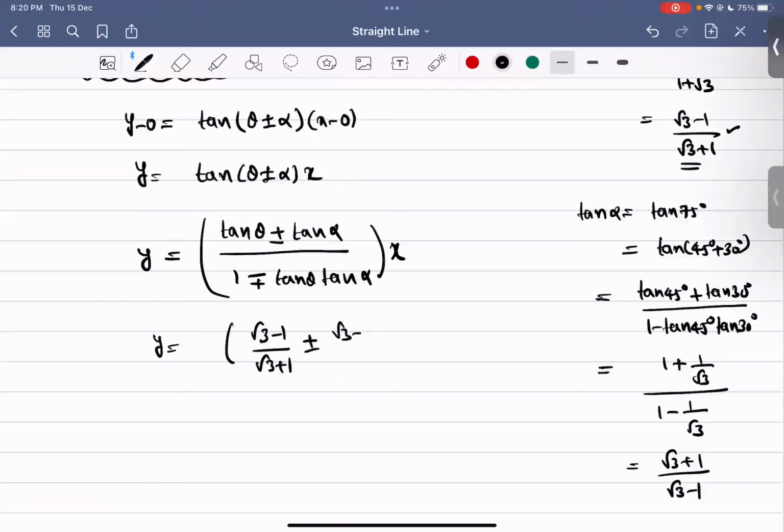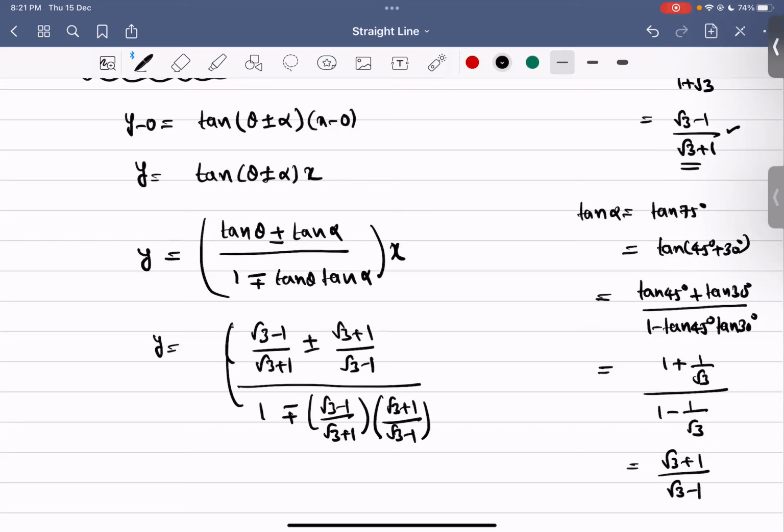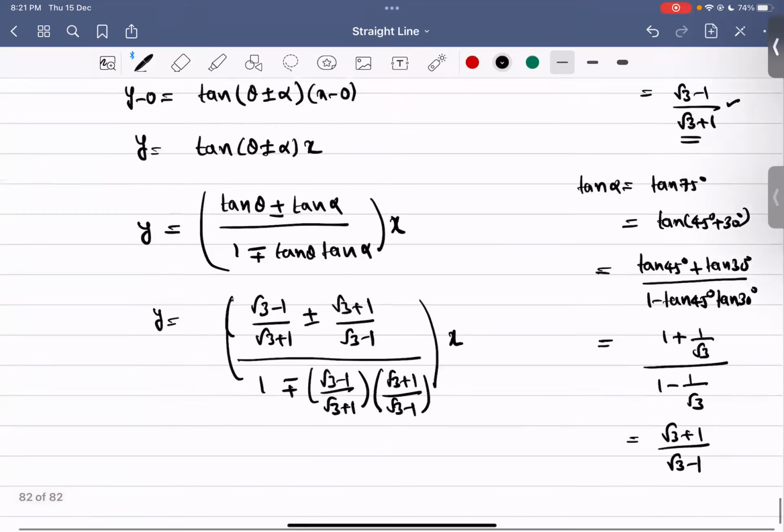Therefore here you put the tan alpha value, (root 3 plus 1) by (root 3 minus 1), over 1 minus or plus, tan theta is (root 3 minus 1) by (root 3 plus 1) into tan alpha, which is (root 3 plus 1) by (root 3 minus 1), into x.